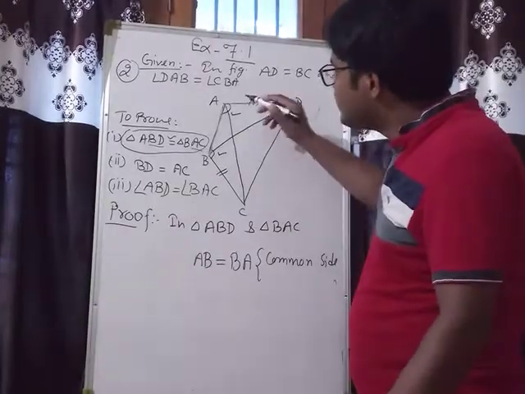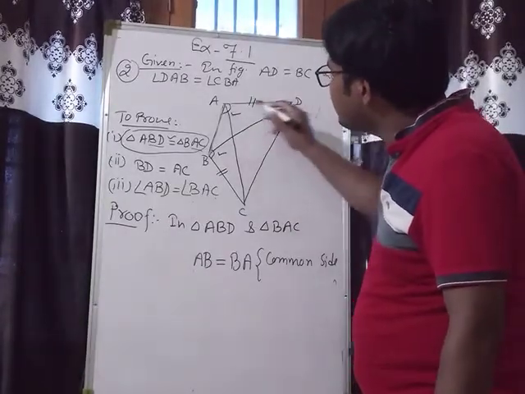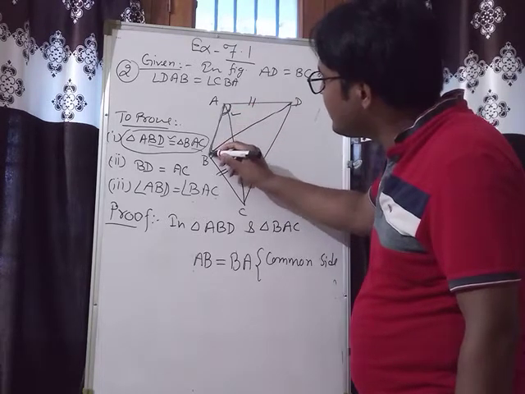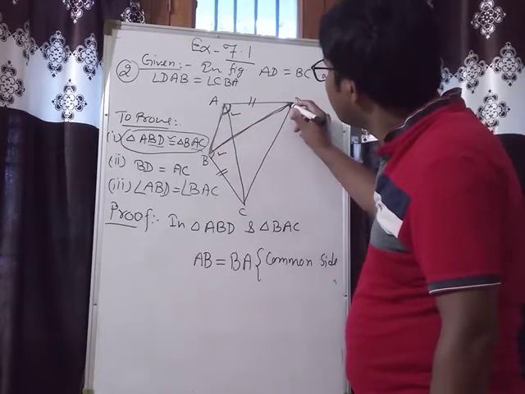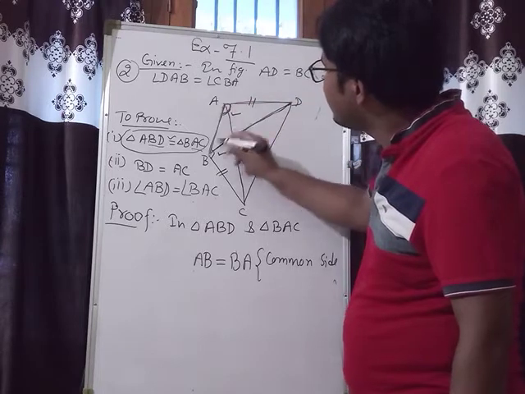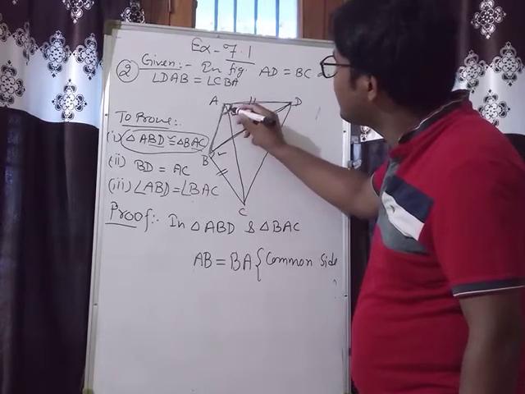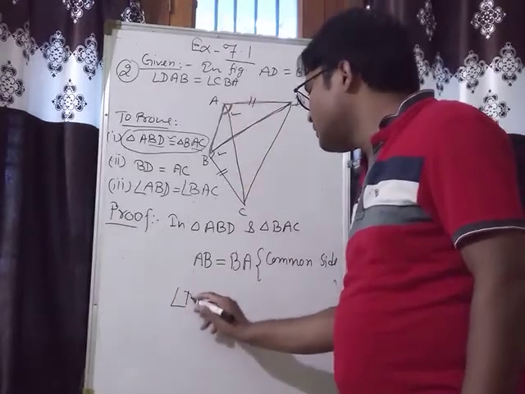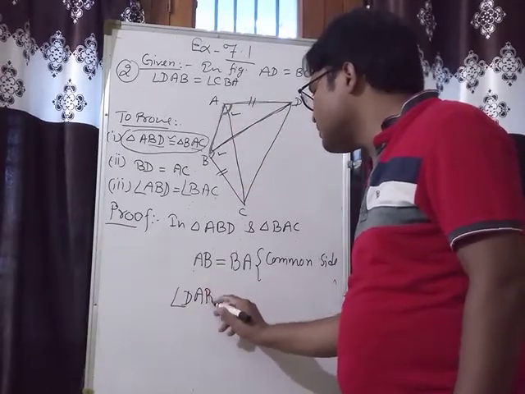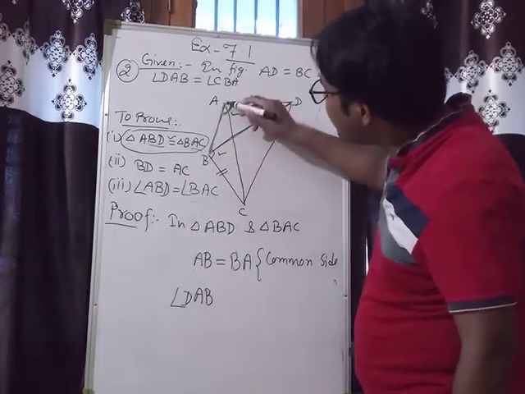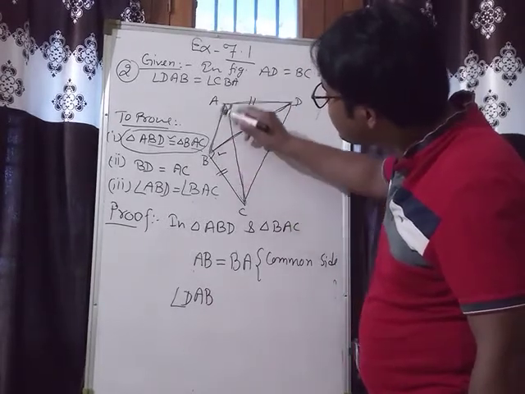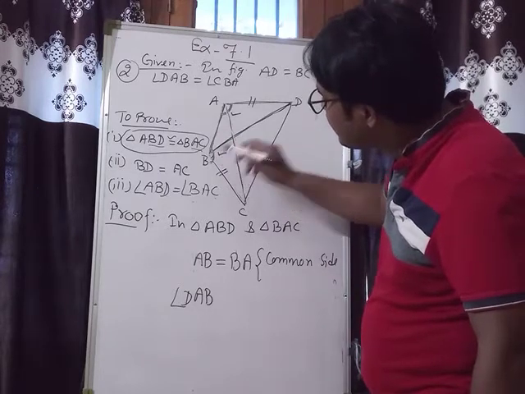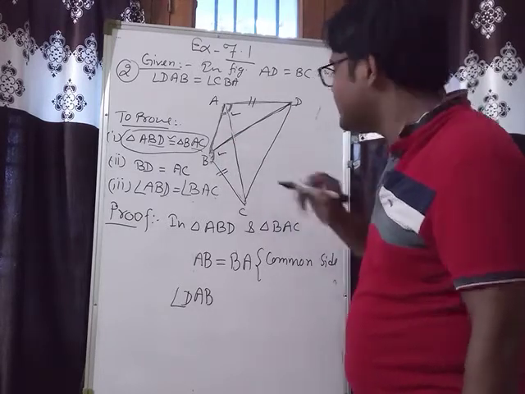And in triangle ABD you can see angle DAB is present, and in triangle BAC, angle CBA is present.